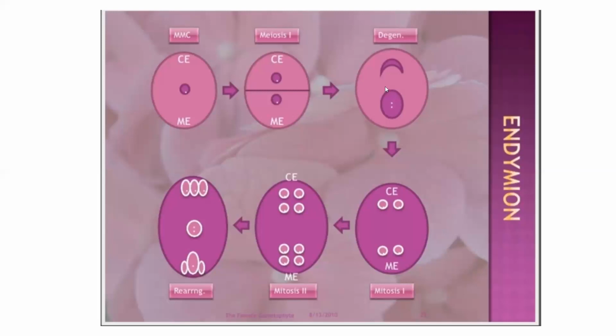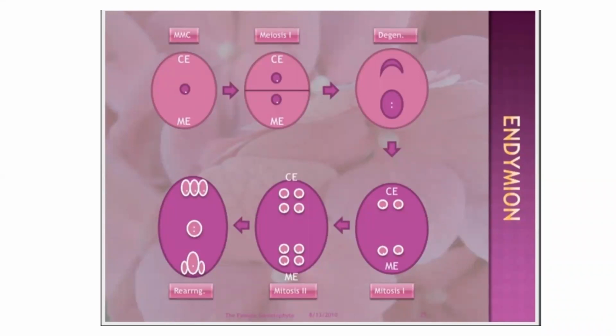So it becomes functional and undergoes the second meiotic division to give rise to 2 haploid nuclei. In this, only the chalazal cell after division gives rise to the 2 haploid nuclei. So both the megaspore nuclei take part in the embryo sac development. That's why it is known as a bisporic type.